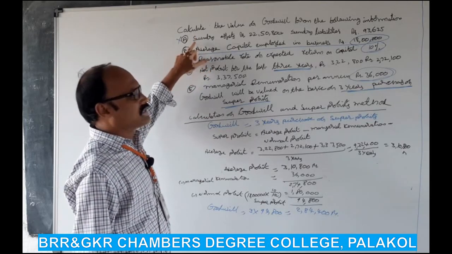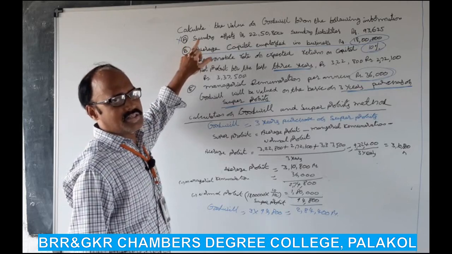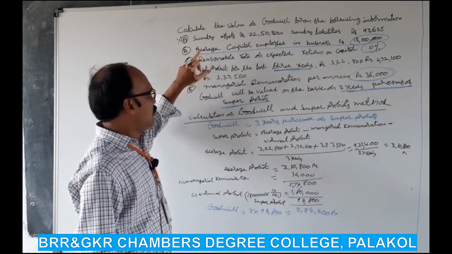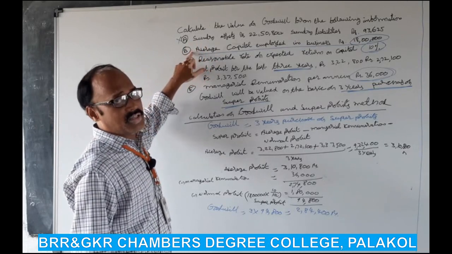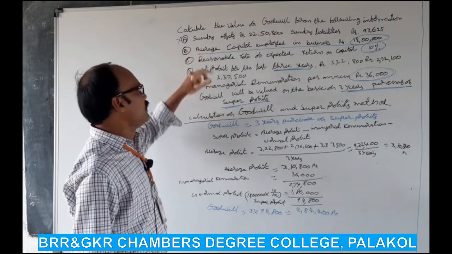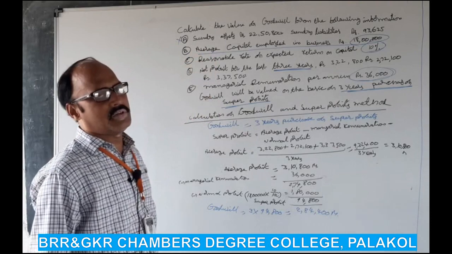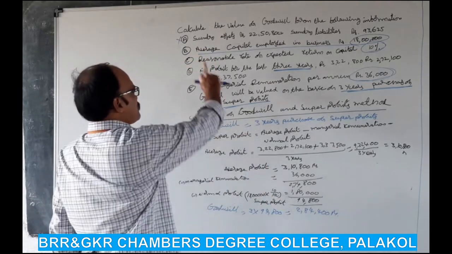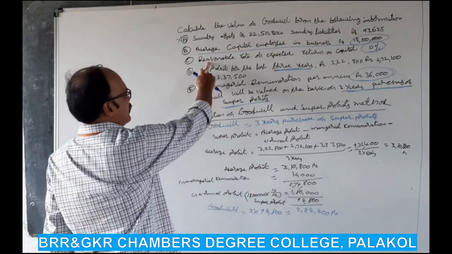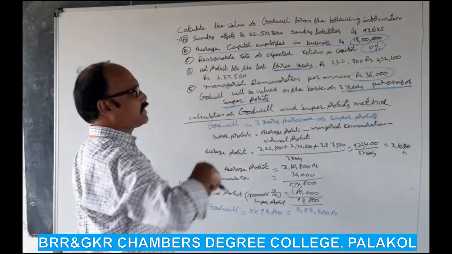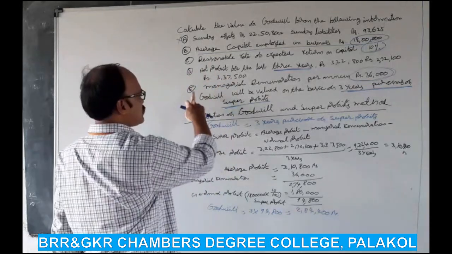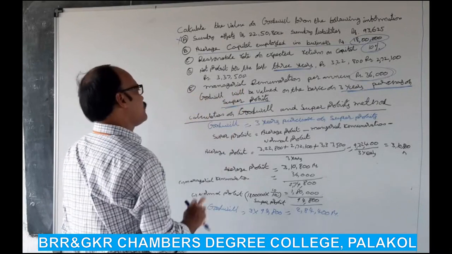Sundry assets and sundry liabilities information is essential only whenever the capital employed is not available. Second point, average capital employed. Third point, reasonable rate of expected return on capital. Fourth, profit for the 3 years. Fifth, managerial remuneration.